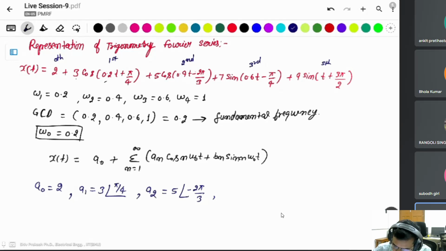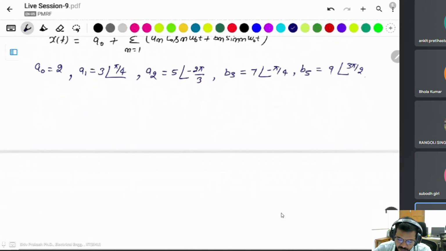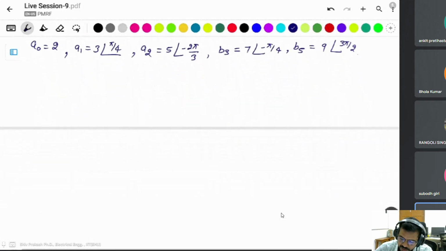For the third harmonic, B3 has magnitude 7 and angle minus pi by 4. B5 has magnitude 9 and angle 3 pi by 2. You have to plot this.